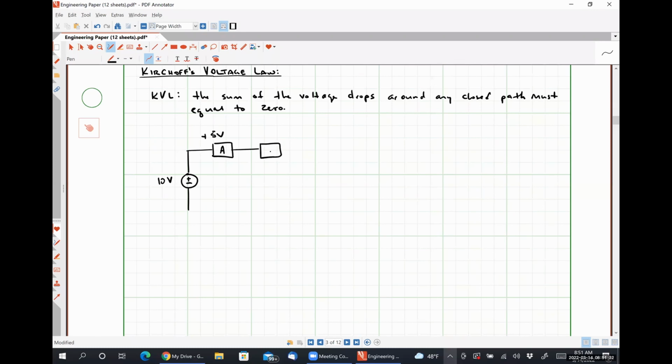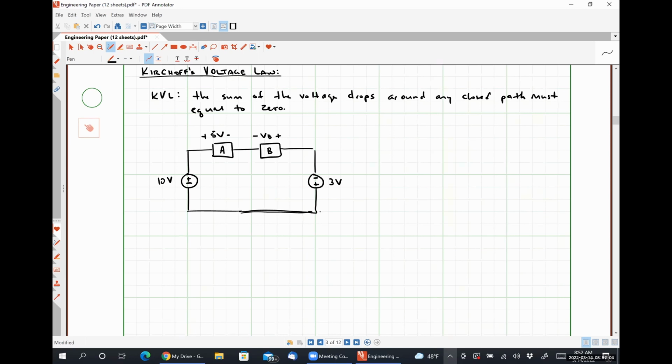Then we have a generic element B over which an unknown voltage drop VB occurs, and I'm going to give it positive polarity on the right, negative polarity on the left. And then finally, we have a 3-volt drop like so. Kirchhoff's voltage law can be used in this single loop circuit to determine the unknown voltage VB.